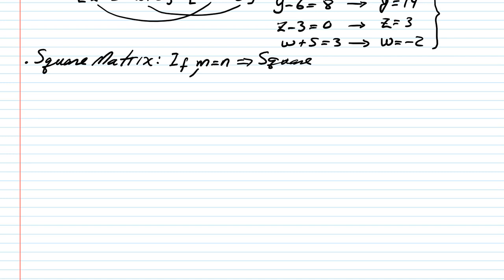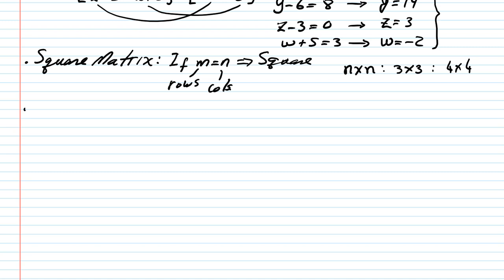So for example, I could have a square matrix of size n or order n that looks like this, an n by n square matrix. Or I could have a 3 by 3 matrix, a 4 by 4, a 2 by 2, and so on and so forth. Each of these would be square matrices.